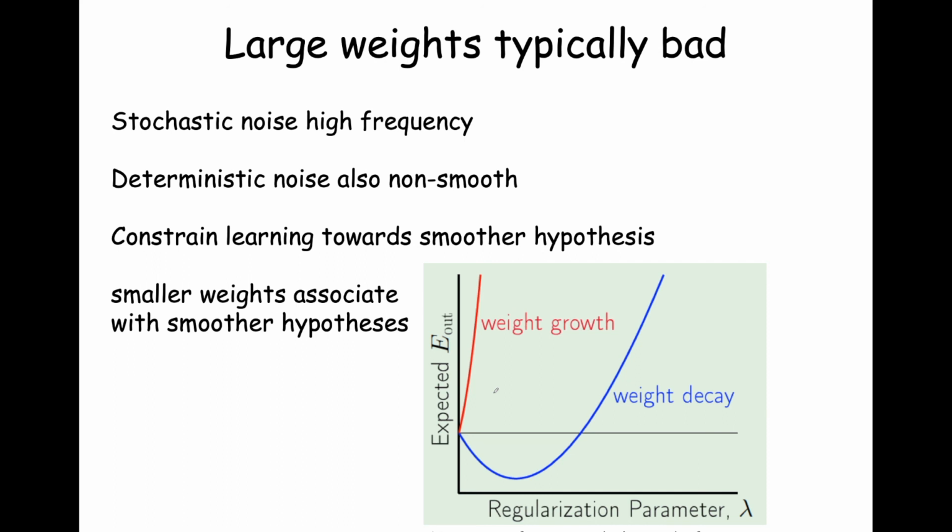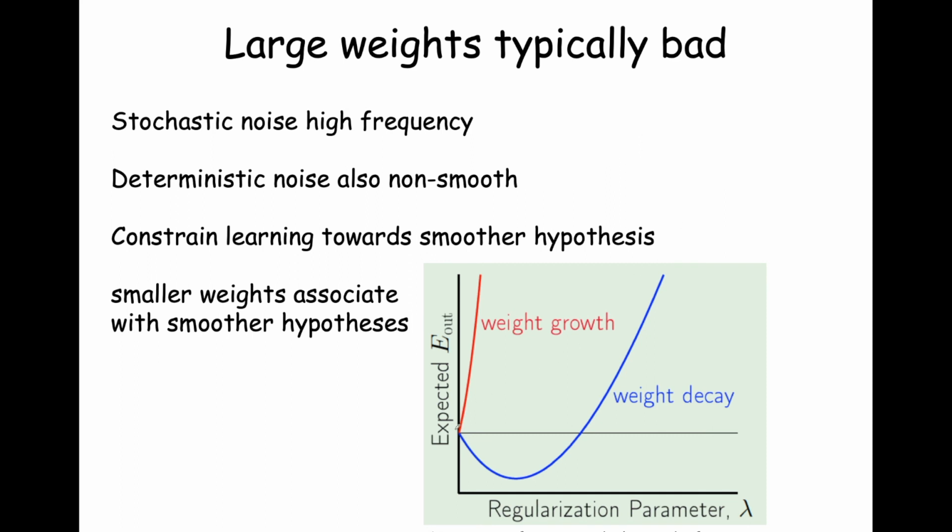So if you take your regularization parameter, and you have your model, and you start increasing your regularization parameter, what ends up happening is your weights start getting smaller, smaller, smaller, and smaller. And then eventually you increase your regularization parameter too much, and that's pulling away from that w_lin solution, and then you start underfitting, and your expected out-of-sample error starts to increase.